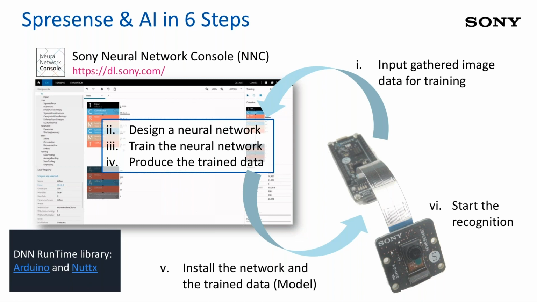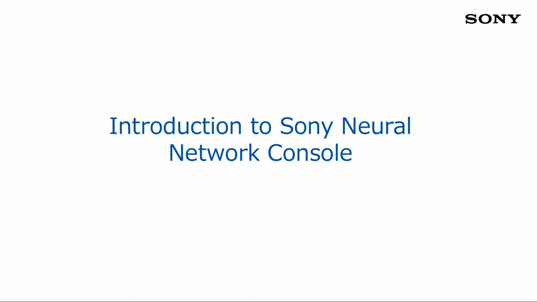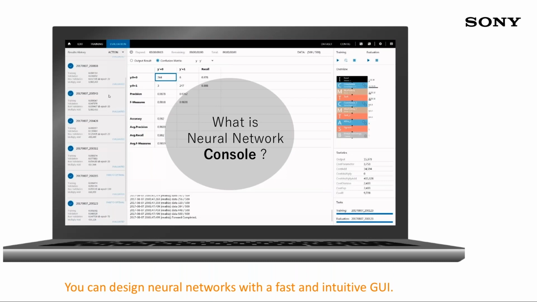So now let's talk about Neural Network Console and see what it is. Neural Network Console is the tool that I'm using to build my model for Spresense. This is a Sony tool that we package with Spresense to target edge AI applications. It's very powerful, and also at the same time very easy to use.